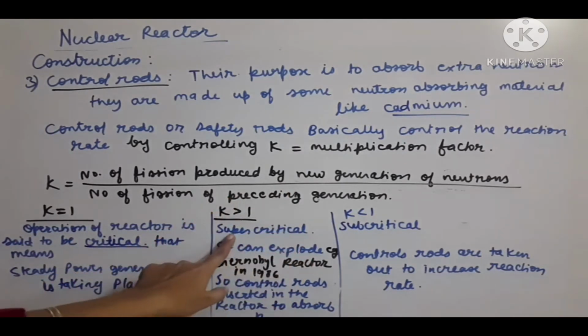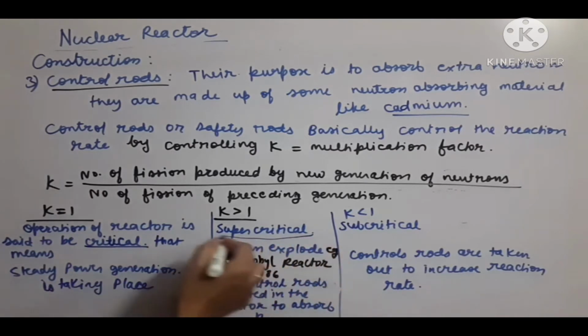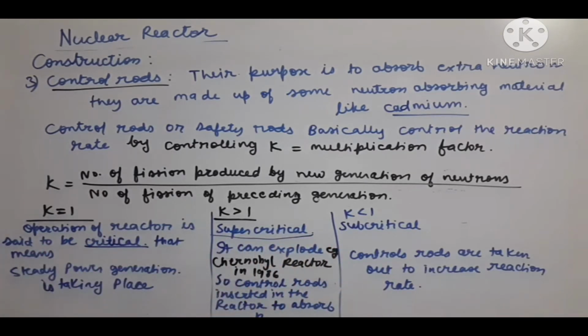So here we say that the operation of the reactor is supercritical. This stage is called supercritical because it can explode. We can mention one example here: the Chernobyl reactor. One mishap happened there in 1986, and an explosion took place in the nuclear reactor.